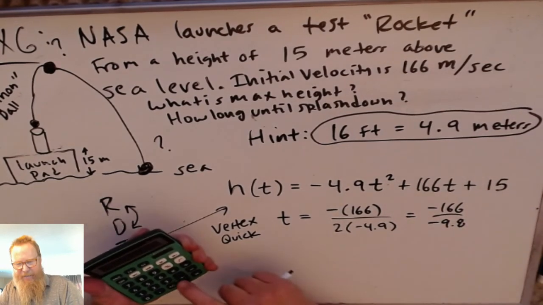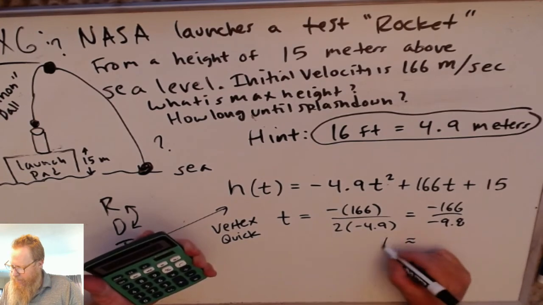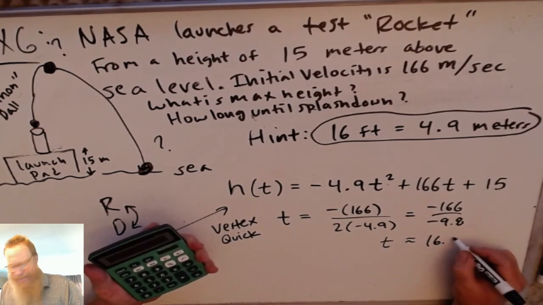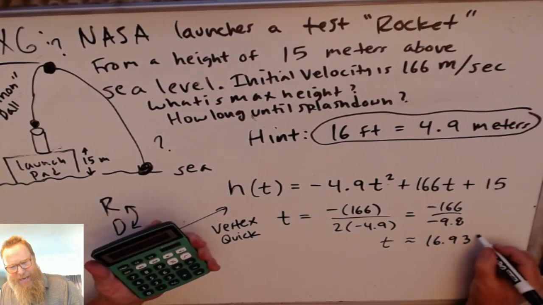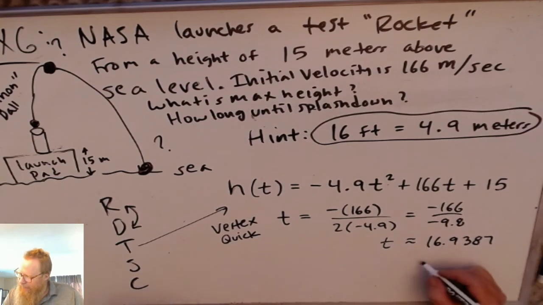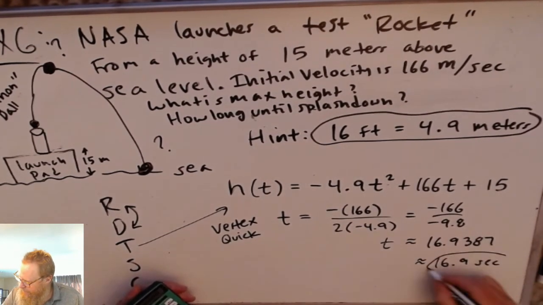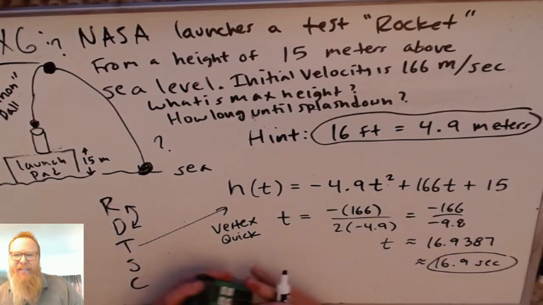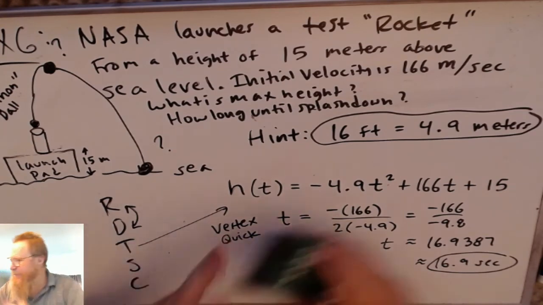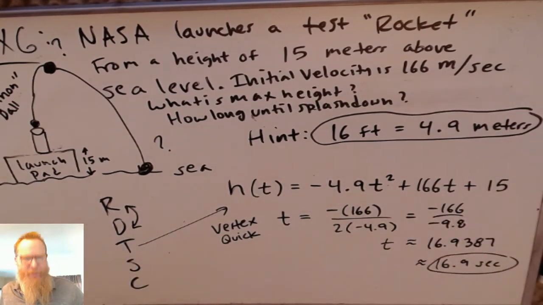They're both negative, so that's going to be about 16.9387. Let's just say 16.9 seconds. Tenth of a second is fine. I've actually preset the homework problems to have a tolerance, so you can be close to the right answer and get it right.